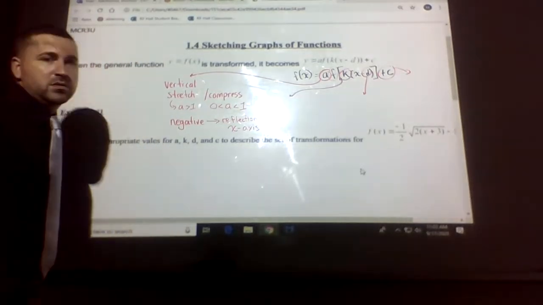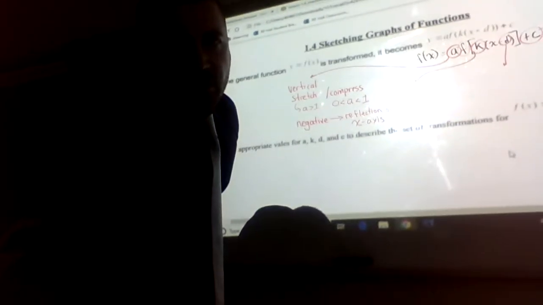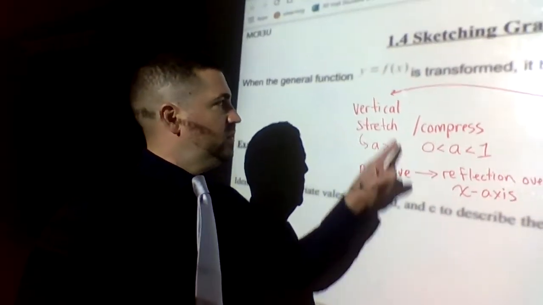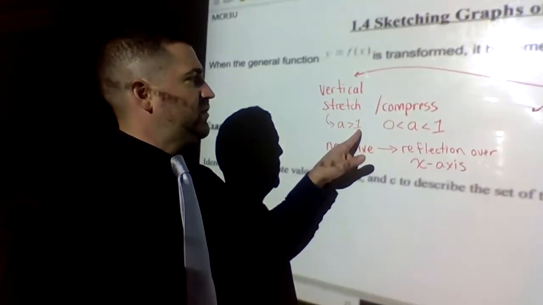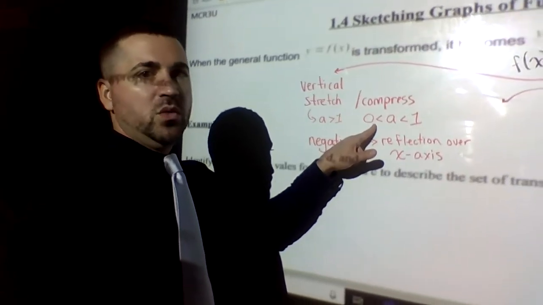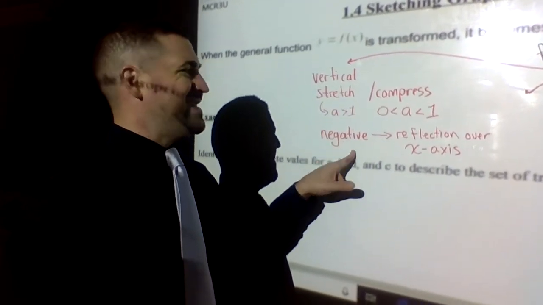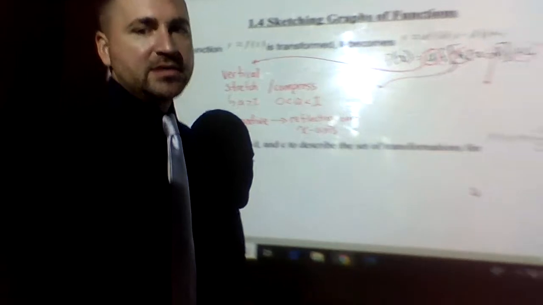Let me see if you can see that. That glare is not very good. So we have vertical stretch or compress. If a is greater than 1, it stretches. If it's between 0 and 1, it is compression. If it's negative, it reflects over the x-axis.